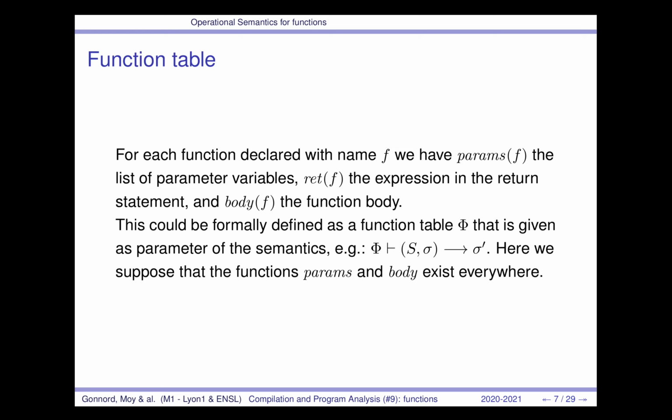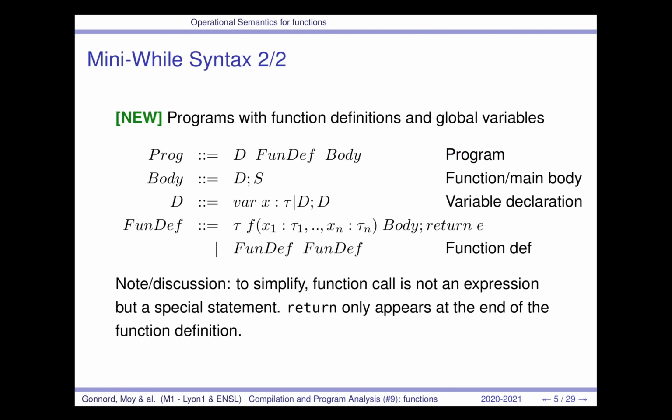Params of f will give me the list of parameter variables. So if the first formal parameter is called x, x will be the first element of the list. So it's ordered, of course, as ordered in the call or in the declaration of the function. So if you come back to the syntax, params of f for this f here gives me x1, etc.